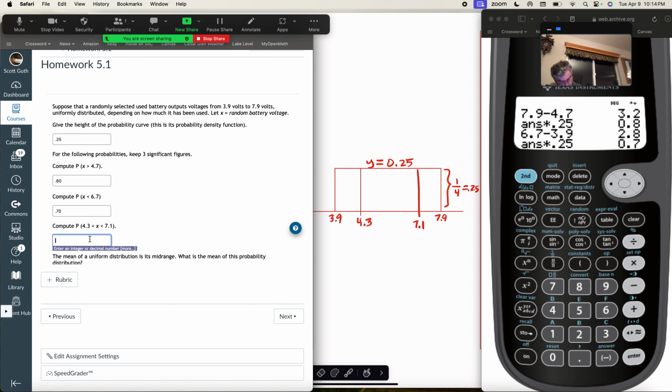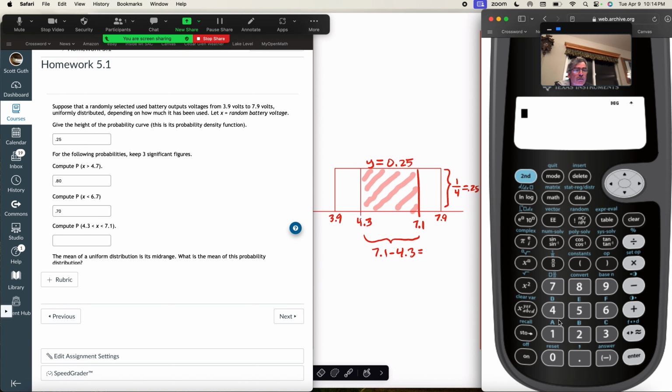Like that. And then we'll again shade in here. Okay, and then we'll need to know how wide that is. So that'll be 7.1 minus 4.3. So let's do that real quick. 7.1 minus 4.3 is 2.8.